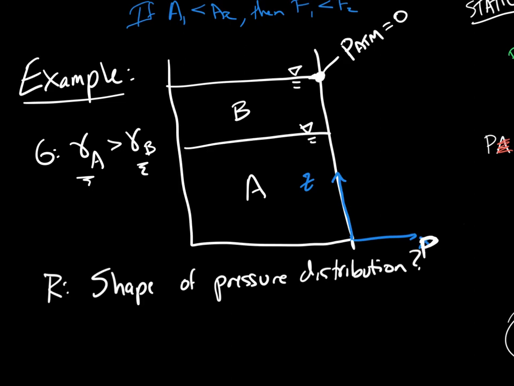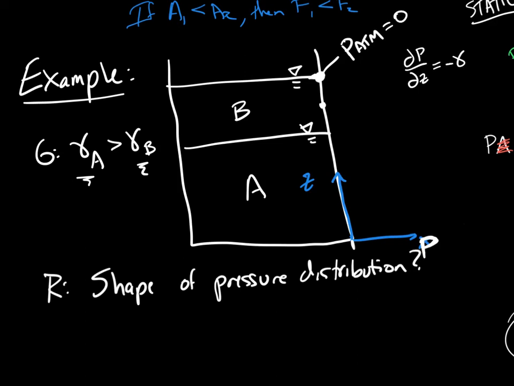What is the pressure right here? We don't know, but if you think about your experience swimming in a pool, you know it's going to be greater than at the surface. It'll be positive. This was the hydrostatic law, dP/dz equals negative gamma.